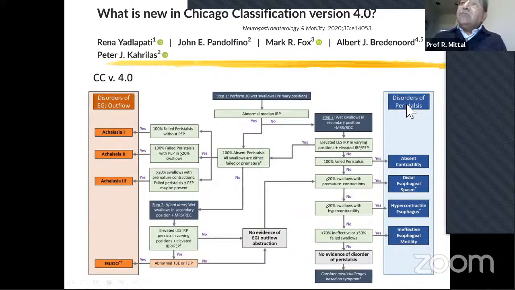Disorders of peristalsis without the sphincter problem, which I showed you, are absent contractility, distal spasm, hypercontractile esophagus, and ineffective esophageal motility. So the Chicago classification has provided precise parameters on which you can base a precise diagnosis. But does it really mean there is precise therapy for precise disorders? That is another issue.